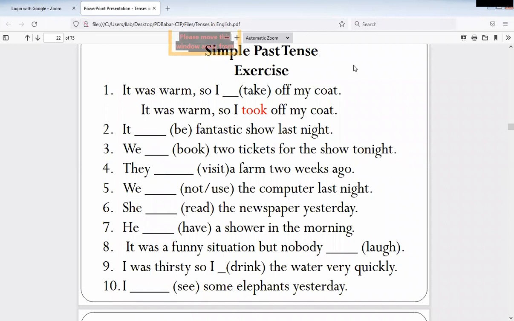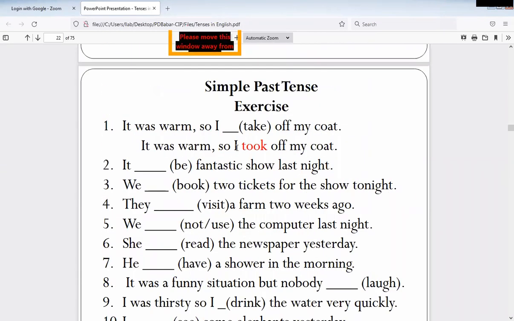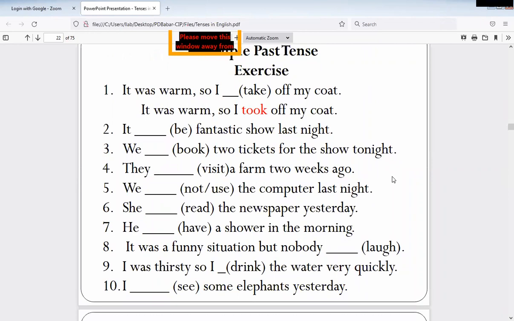We have discussed the exercise of simple past tense some time ago. So these are the 10 examples. We can see that they are in the simple past tense.